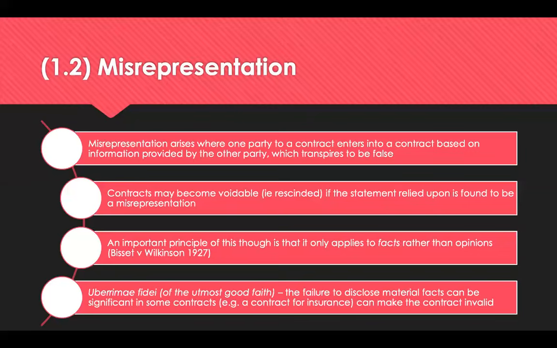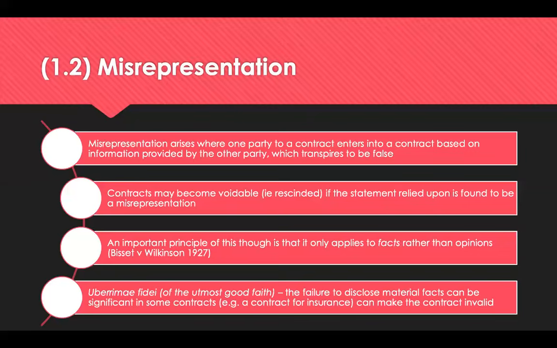It wasn't necessarily misrepresentation. But it arises when one party to the contract enters into it based on information, like someone saying, yeah, you can have next day delivery, so you agree to it, and then it turns out that they don't do next day delivery, and now they're trying to hold you to a contract.